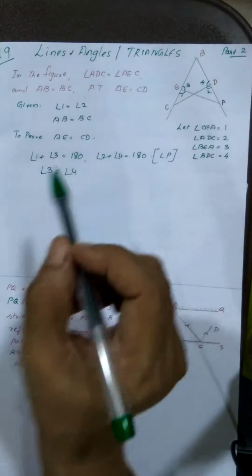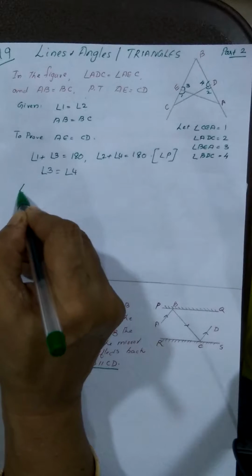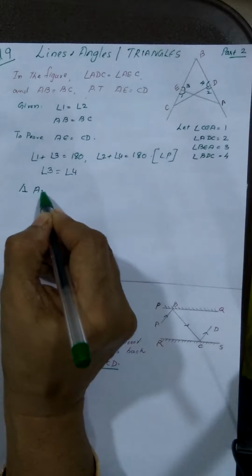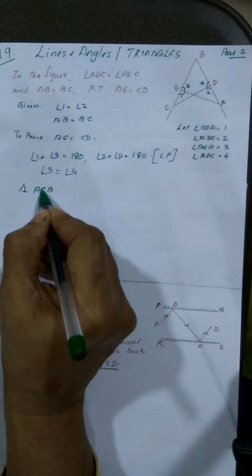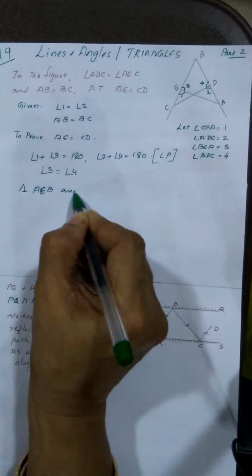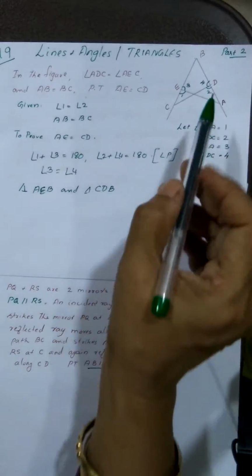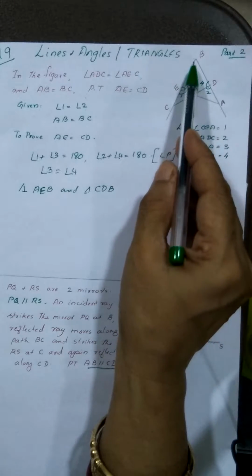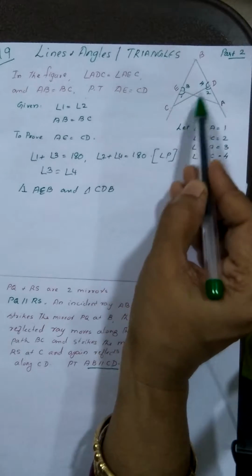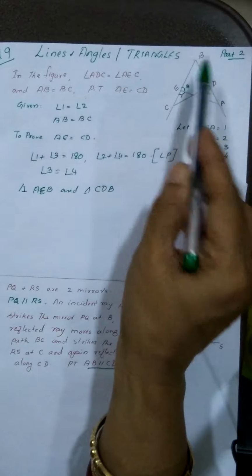Now we will consider the triangle AEB and triangle CDB.